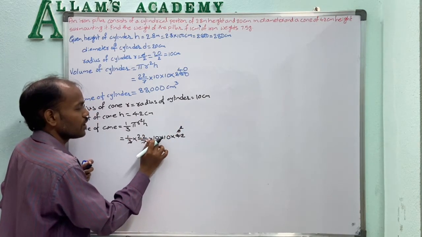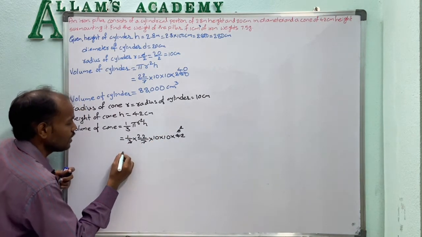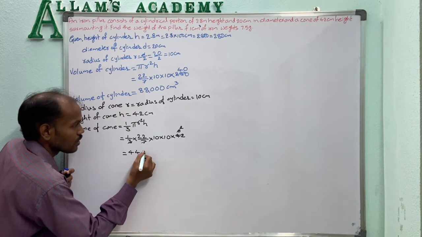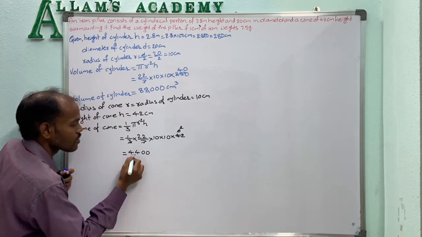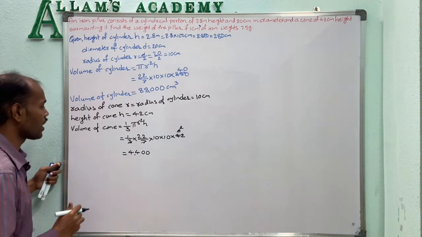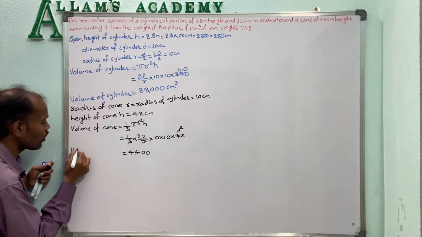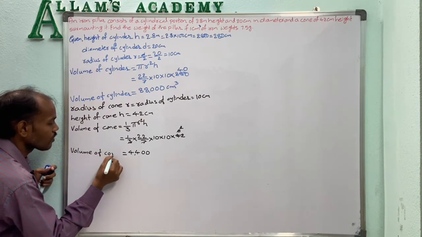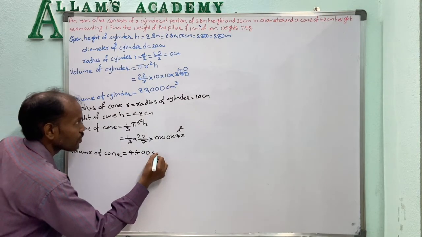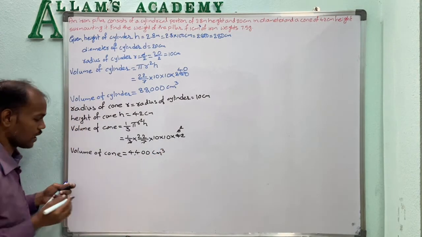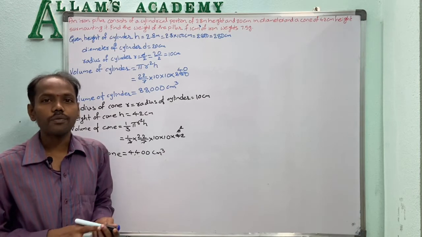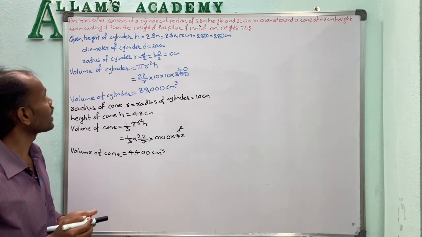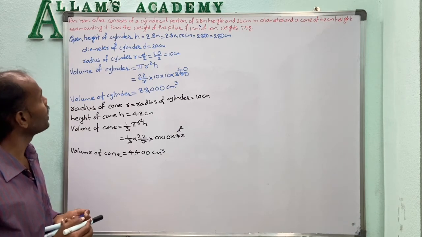So 22 into 10 into 10 into 2, that is nothing but 4400. So volume of cone equal to 4400 centimeter cube.